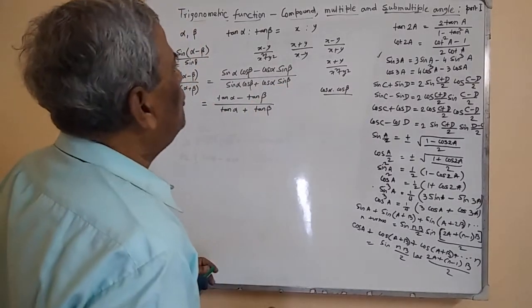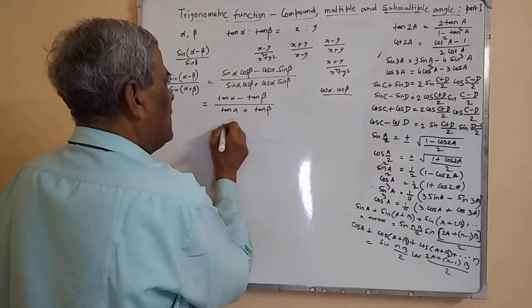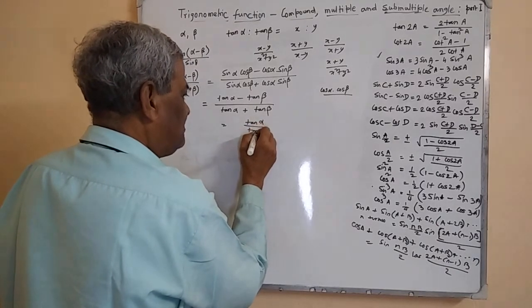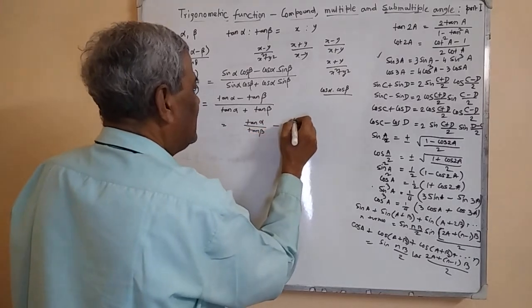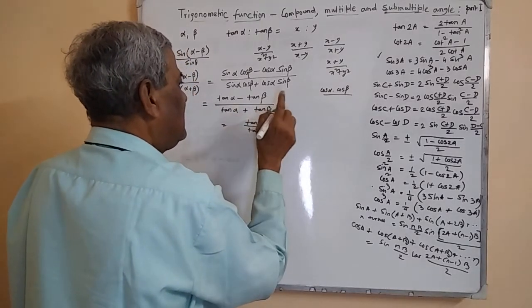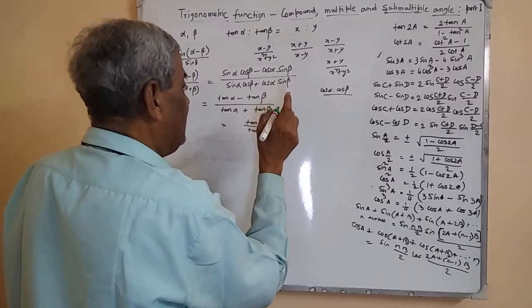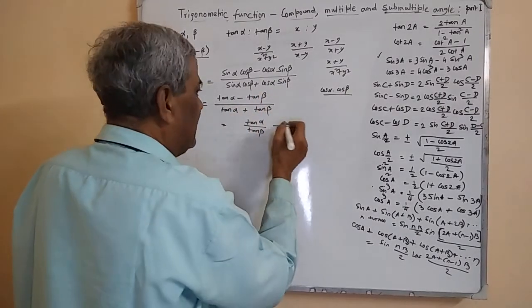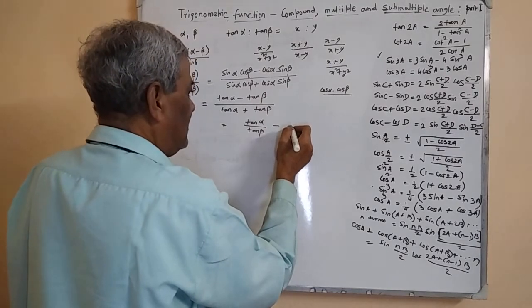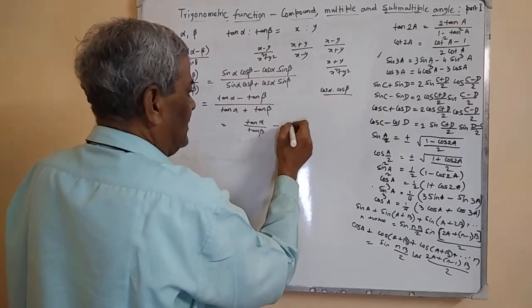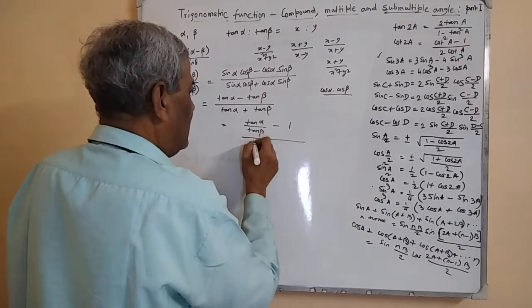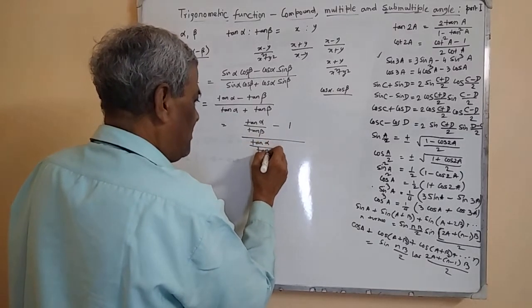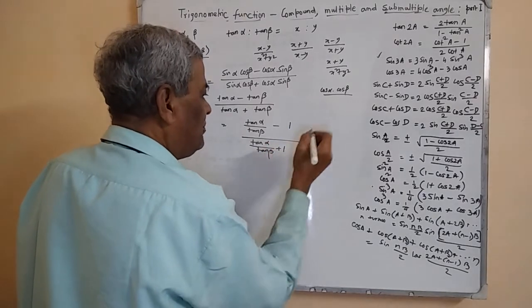Now divide throughout by tan beta. It is equal to tan alpha by tan beta minus 1, I am dividing by tan beta, divided by tan alpha by tan beta plus 1.